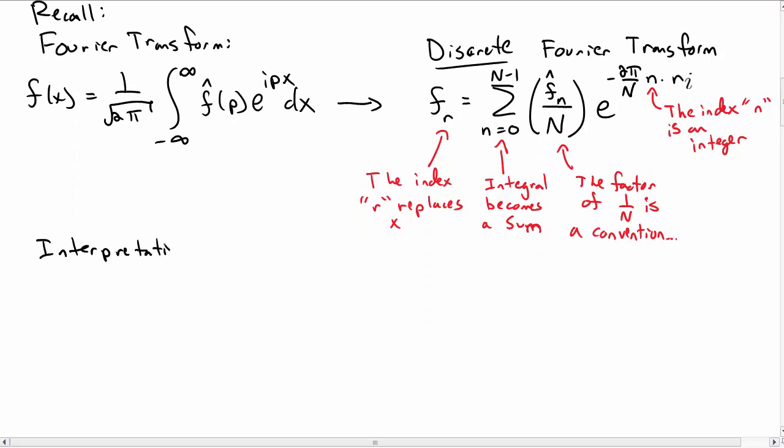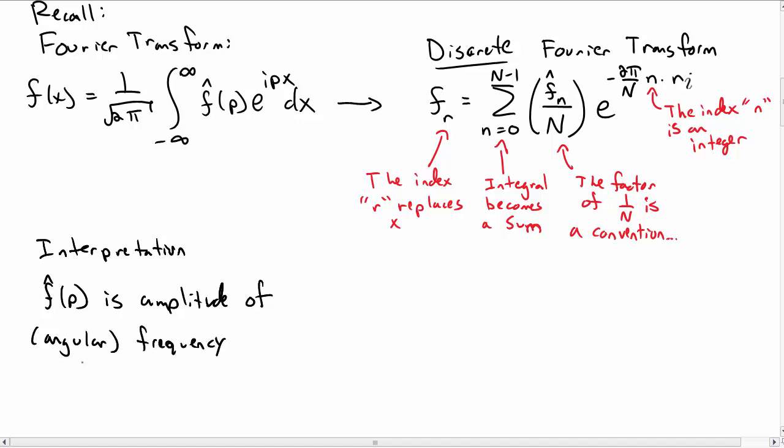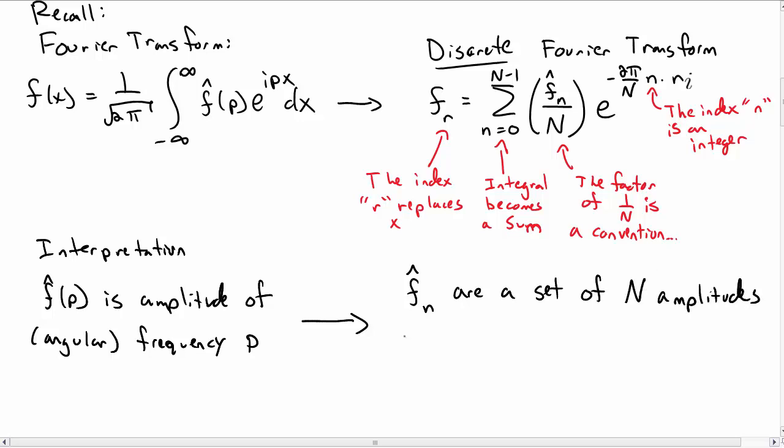Let's think about how we can interpret this. What is the interpretation of the Fourier transform? Usually, with the Fourier transform, we think of f hat of p as the amplitude of some particular angular frequency p. What happens in the discrete Fourier transform? Well, it works similarly. Now, f hat sub n is a set of N amplitudes, so there's N of them, and they correspond to different angular frequencies.